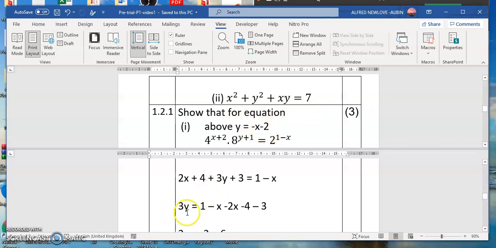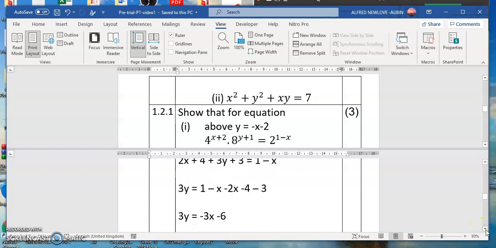Alright, so we want to make y the subject of the formula. So this 1 minus x is already there. If I transpose this 2, it is going to be minus 2. If I transpose this 4, it is going to be minus 4. If I transpose this 3, it is going to be minus 3.